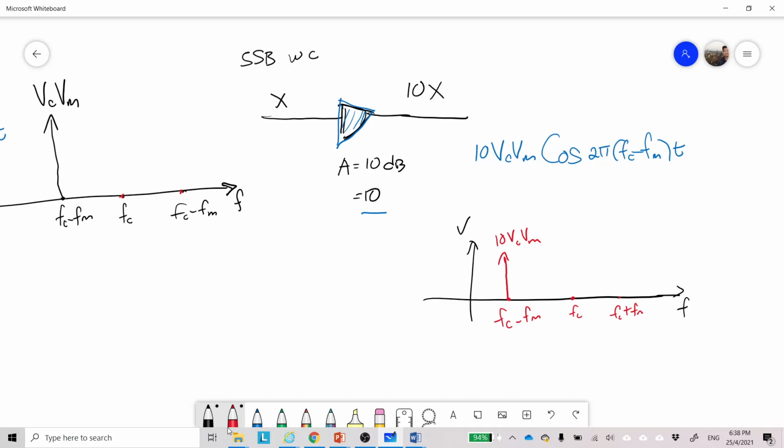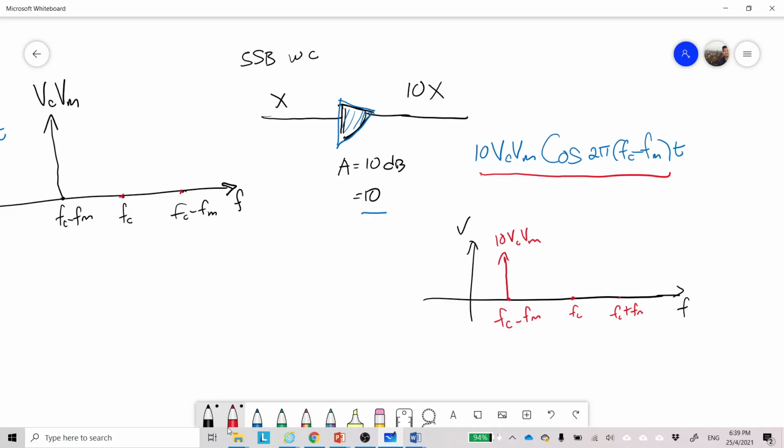Up to this point, many students made careless mistakes. They assume that the output is VM over 2, which is wrong. For the single sideband, when we want to draw the frequency spectrum, it must be based on the equations.